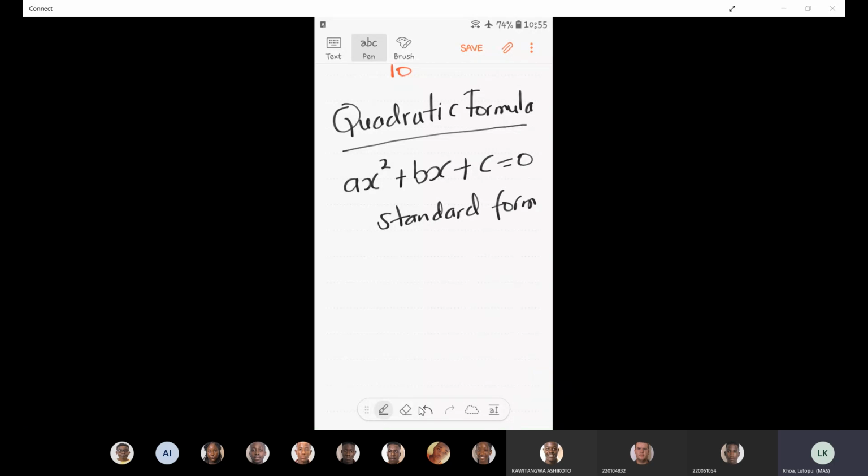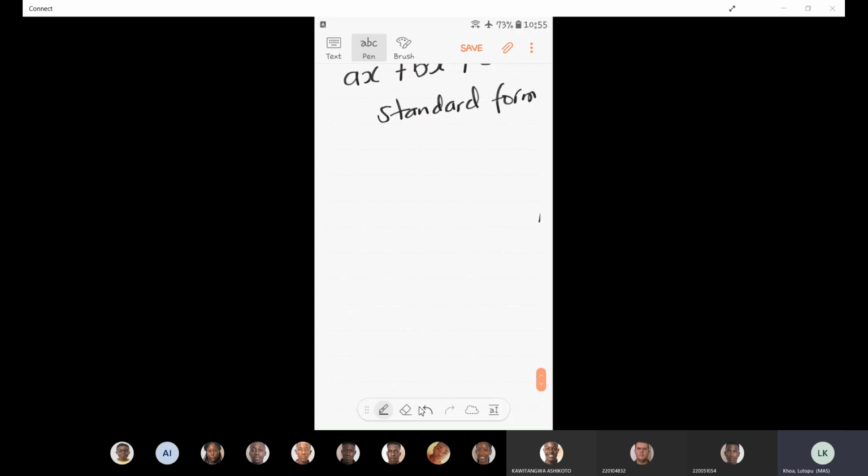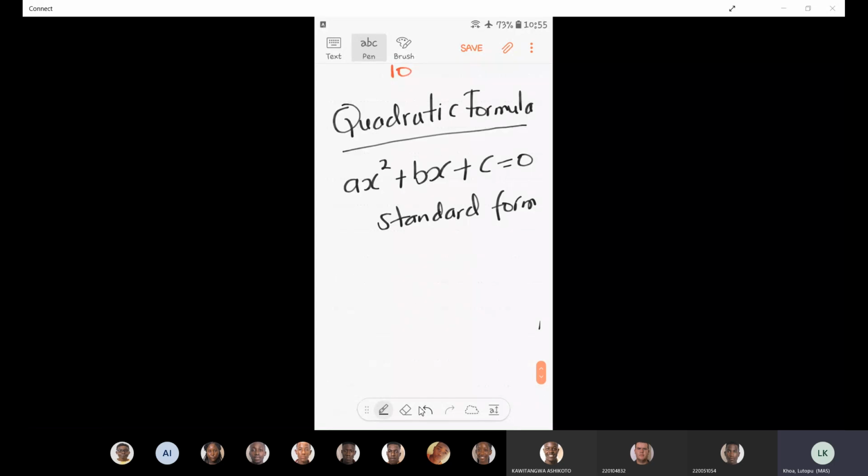You can actually make x the subject of the formula by completing the square. Okay, so to do that, what we do is first I will divide throughout by the coefficient of x squared, which is the a over there. So when I divide by a, what I get is x squared plus b over a x plus c over a, and this is equal to 0.